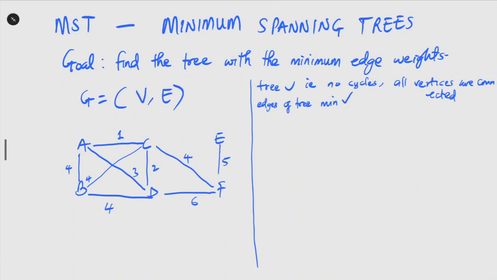So let's look at this one. Let's go from A to C, which is 1. We go from B to D, which is 4. We go from C to D, which is 2. I have F. So this goes here, I have 4. And this goes here, I have 5.